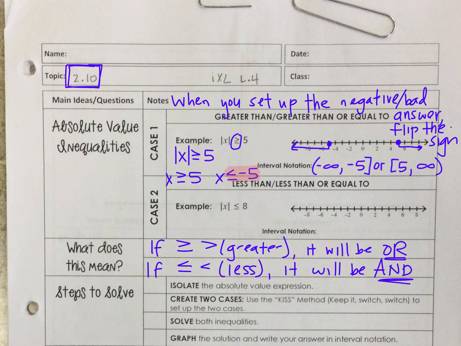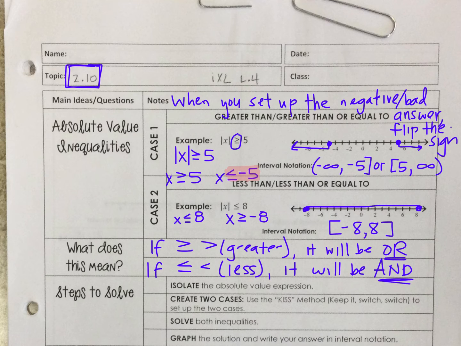So this one right here, it's starting with less than, so we know it's an and. He doesn't have any visitors, so he gets to come out of jail. And when he comes out of jail, he can make positive choices and be positive, or he can totally flip out and be wild and crazy and make negative choices. Either way, I've got solid circle on 8, solid circle, that's solid, I promise, on negative 8, and they're an and, so I connect them. Interval notation, bracket, negative 8, 8, bracket.